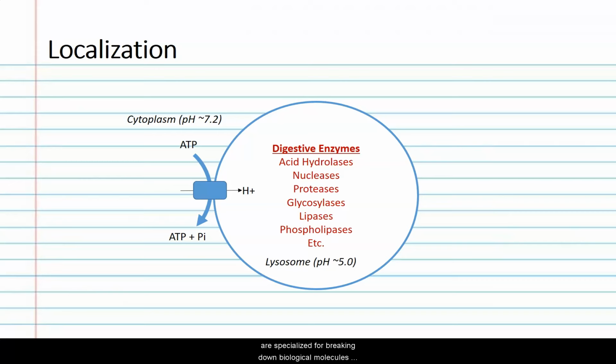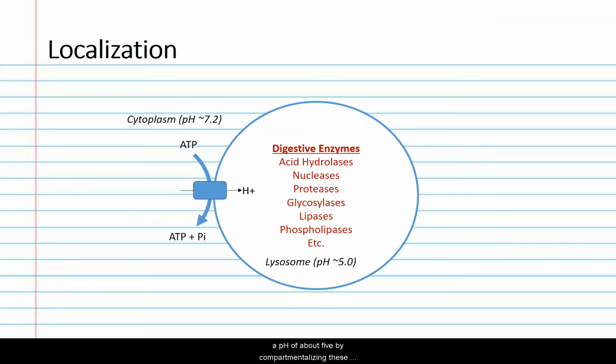Your lysosomes serve as compartments where certain enzymes can be separated from the rest of the cell. So our acid hydrolases, our nucleases, our proteases, they are separate from the cytoplasm of the cell, and they're only active at acidic pH, right? Whereas the cytoplasm of the cell is closer to 7.2, your lysosome has a pH of about 5.